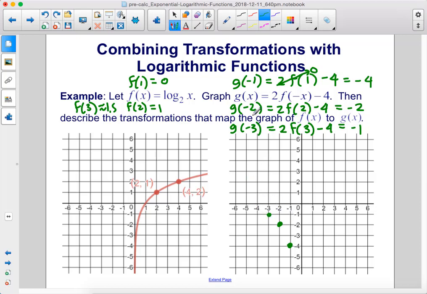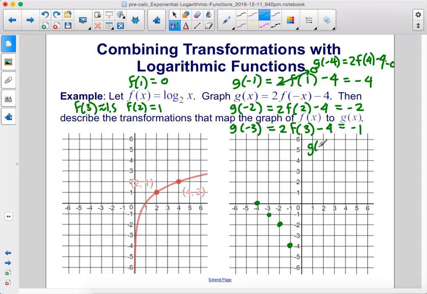All right, what about at g of negative 4? So that would be 2 times f of 4 minus 4. F of 4 is 2. So 2 times 2 is 4, minus 4 is 0. So here is our x-intercept, right there. All right, now let's choose negative 6.